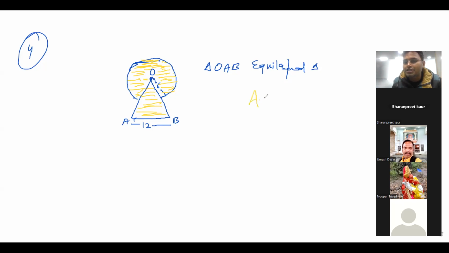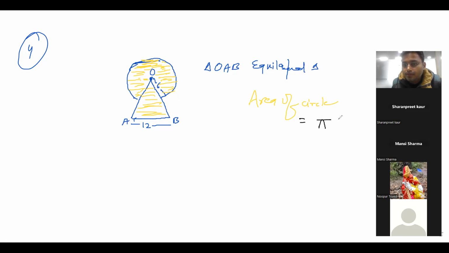We can find the area of the circle. सबको area of circle निकल जाएगा ना? What is the area of circle? Pi r square, so it will be pi into 6 centimeter square. So you can write 36 pi centimeter square. Right?